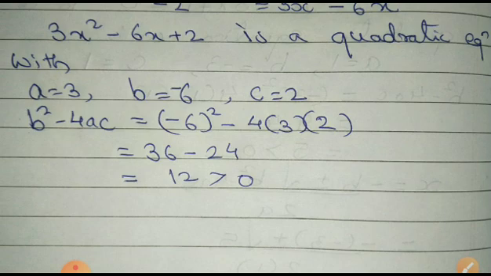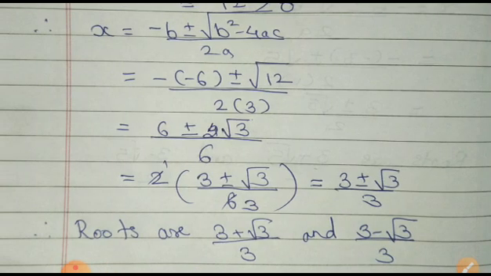Now make use of your formula, minus b plus or minus root of b square minus 4ac by 2a. I have found b square minus 4ac first, so that if it is less than 0, there itself we can stop.